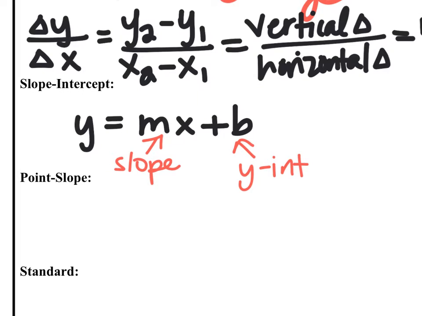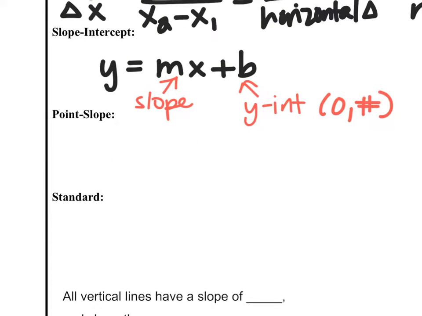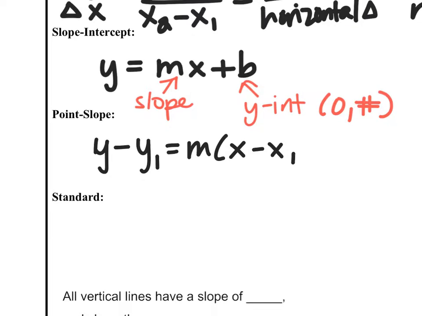The y-intercept is always 0, a number, and it's on the y-axis. The slope is what we just talked about above. Point slope form is y minus y1 equal to the slope times the quantity x minus x1.